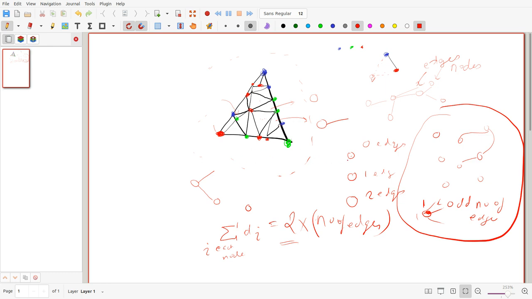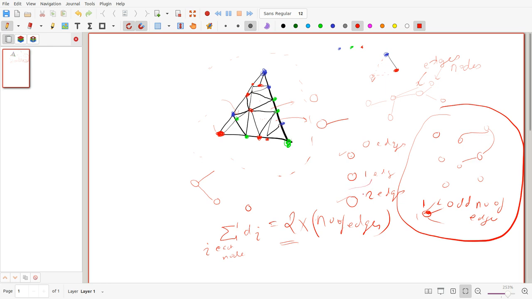But we know that the degree of each of these vertices can be either 0, 1, or 2. Well, 0 contributes even parity, 2 contributes even parity. We are adding up some number of zeros, some number of ones, some number of twos, and the result we're getting must be an odd number. So there has to be a 1.